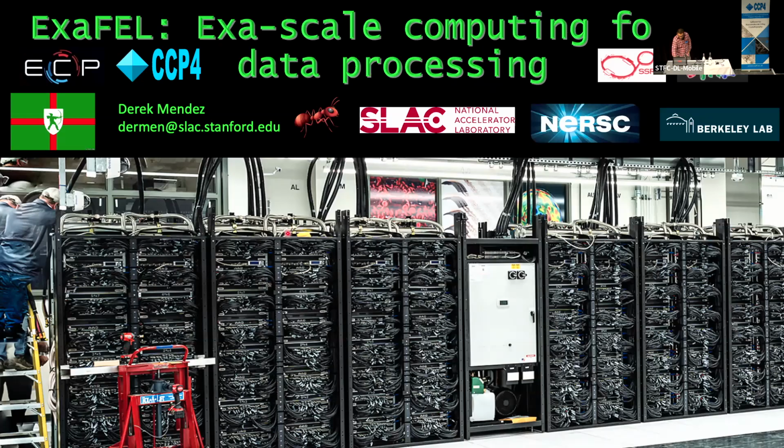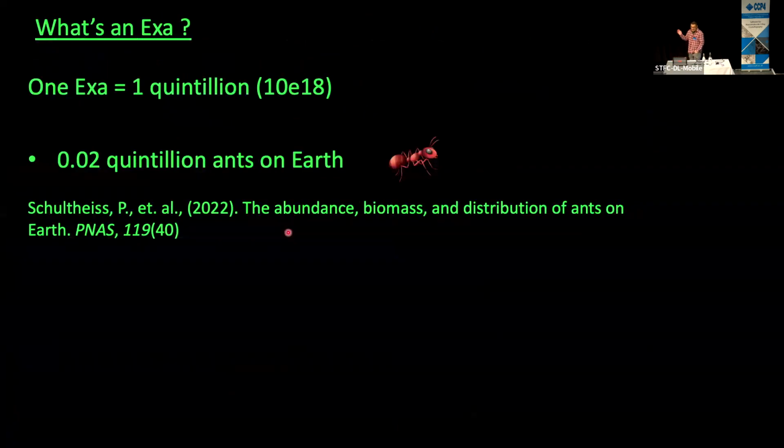But anyway, so what is exascale? What does that mean? I was trying to look up things that number in the exascale, and I found a curious fact that there's 0.02 quintillion ants on Earth. So that's 20 times 10 to the 15 ants, which is a lot of ants.